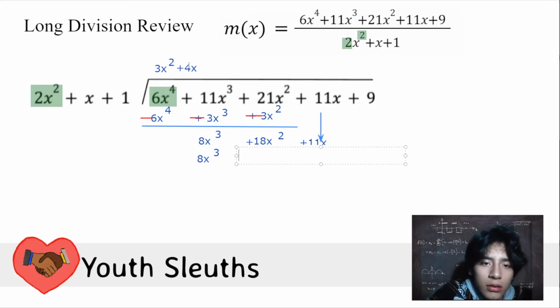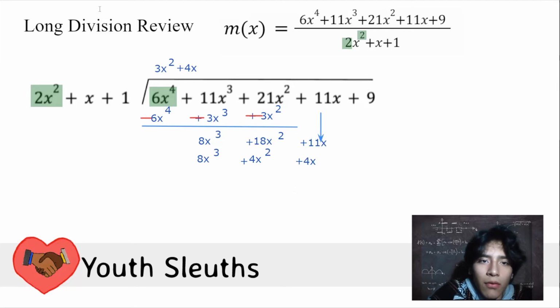Okay, let's go back. So then we multiply. We distribute our 4x to our divisor. So 8x cubed, and then plus 4x squared, and then lastly plus 4x.